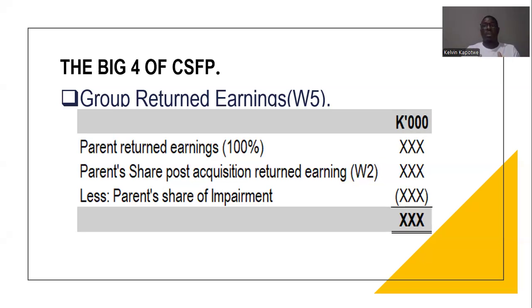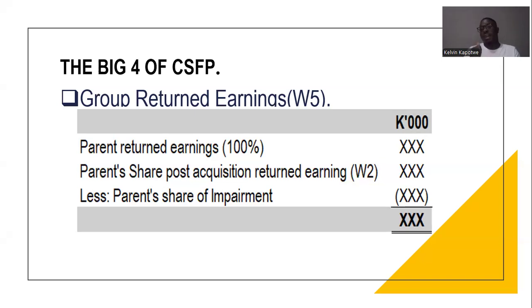So when such a thing happens, remember intra-group transactions have to be cancelled. So we are going to eliminate that. So this is a point where we adjust those transactions. So we are going to calculate the profit and then remove it from this particular working.